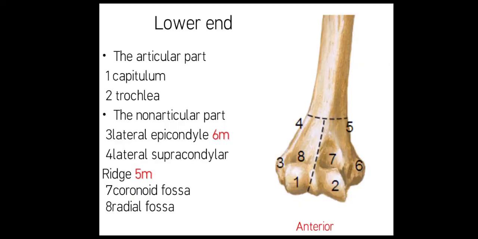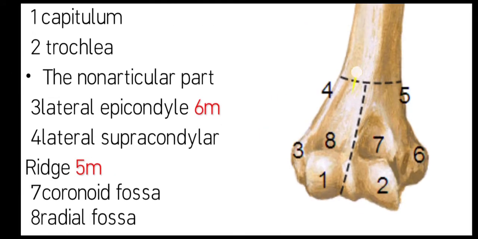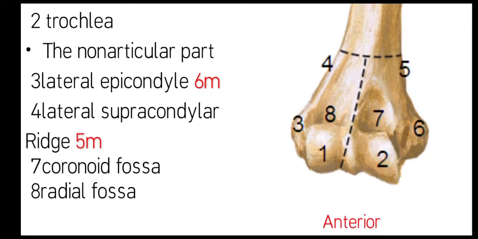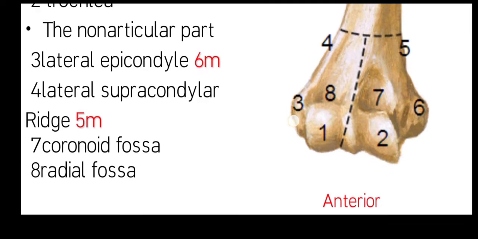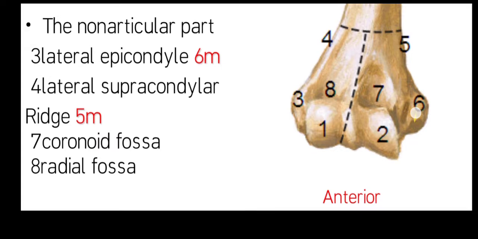Now let's discuss the non-articular part, which does not take part in forming a joint. So those structures are, as I told you earlier, there are two epicondyles. There is a lateral epicondyle and there is a medial epicondyle.